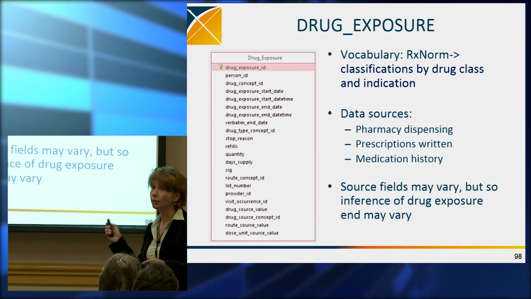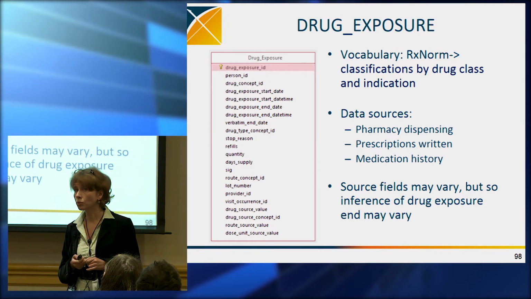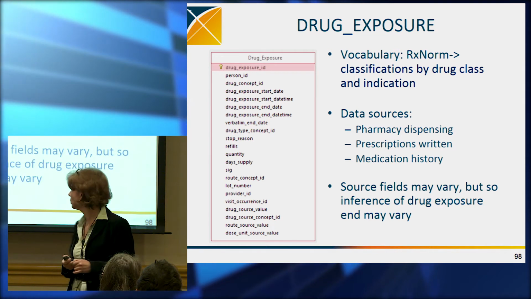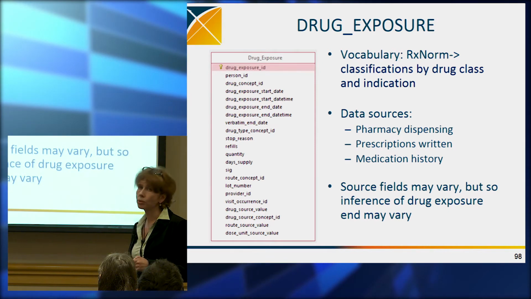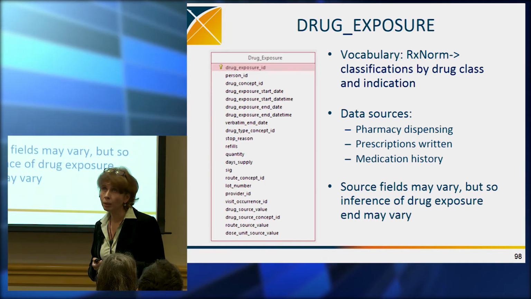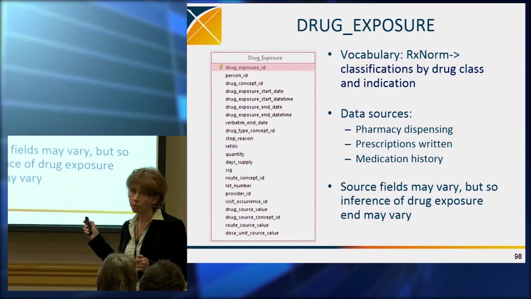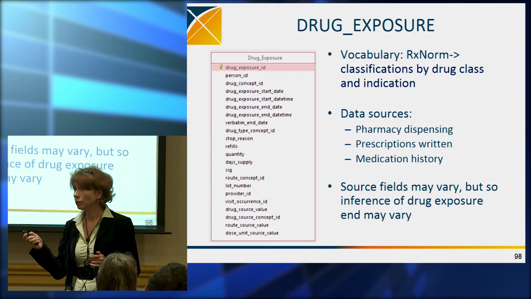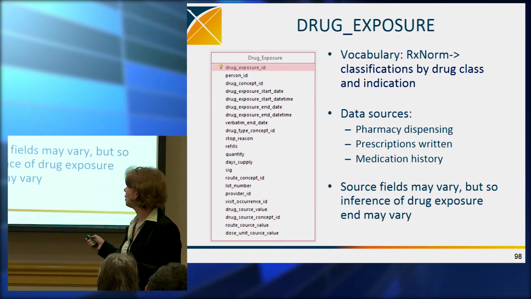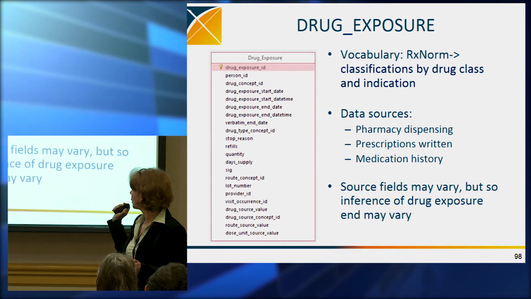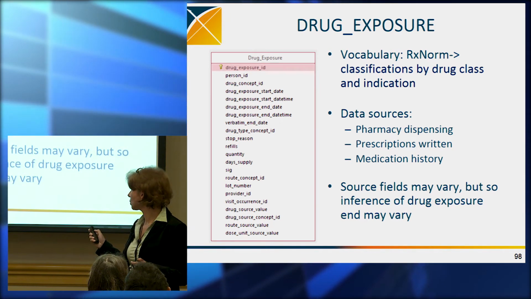Drug exposure. You've learned a lot about drugs, so this is a table which reflects what drugs the patient has been using, and it has all the wonderful attributes which may or may not be available. The primary one is the person ID and drug concept ID, which will reflect an RxNorm drug. Then the start and end date, the stop reason, the number of refills, the quantity of drugs, the days of supply.